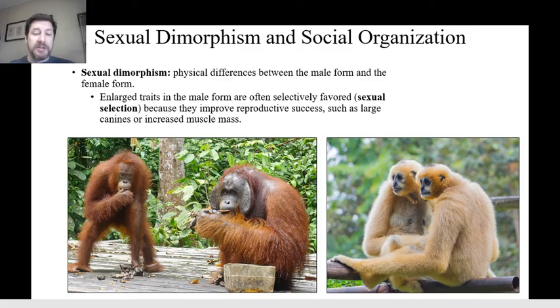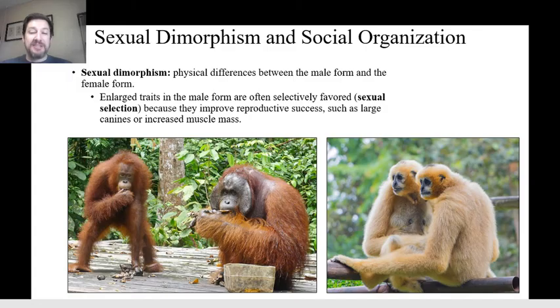And often those sexually dimorphic traits, those enlarged traits in the male form, exist because they were sexually selected for, right? So they improved reproductive success either through display. So for instance, male orangutans develop these face pouches or paddles, and we're not really sure why. It's only seen in mature males that are mating.